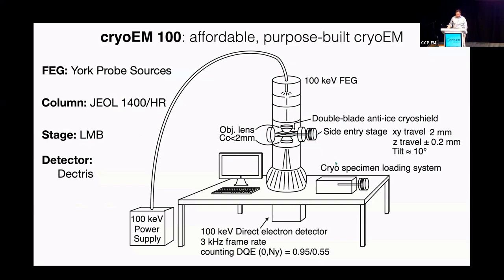But for the demonstration I'm going to show you now, we used all the commercial holders that are currently available on the market for side entry systems like this. And then the detector came from Dectris, which is, of course, very famous in the X-ray community, and the dominant player in the synchrotron world, but they have been moving into the electron world as well. And so we have one of their latest detectors as well.